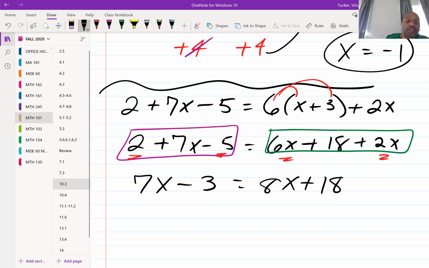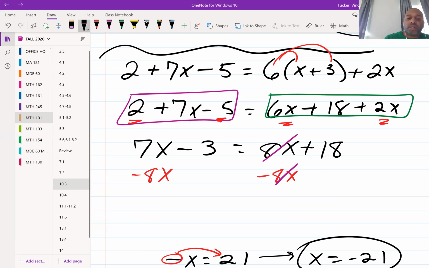So now we're in the position that we want to get all of our terms with x to one side, all of our terms without x to the other. Once again, it doesn't matter which term you move first, which one you take to the right or left, just have to stay consistent and correct with your mathematics. So I'm going to subtract 8x from both sides, just because I want to emphasize something that's going to occur. So that's negative x minus 3 equal to 18.